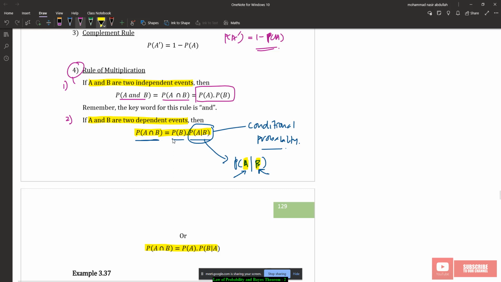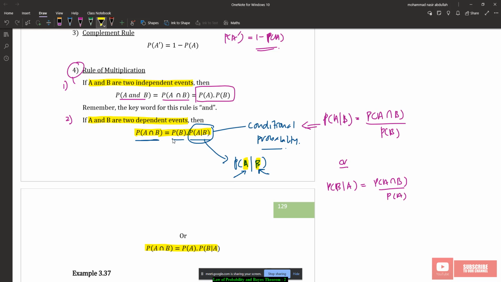This is because we just do a manipulation from conditional probability. Probability of A given B is equal to probability of A intersect B divided by probability of B, or probability of B given A is equal to probability of A intersect B divided by probability of A.